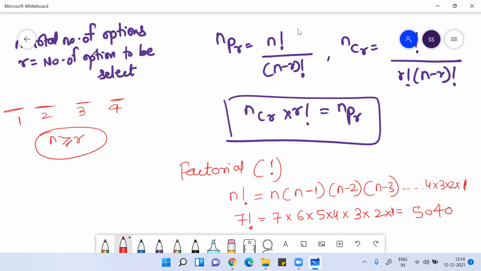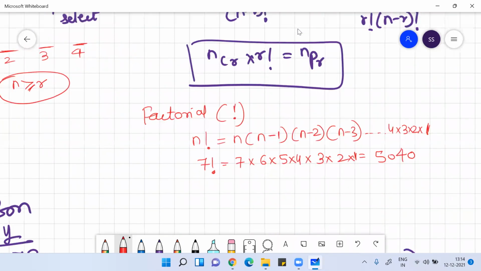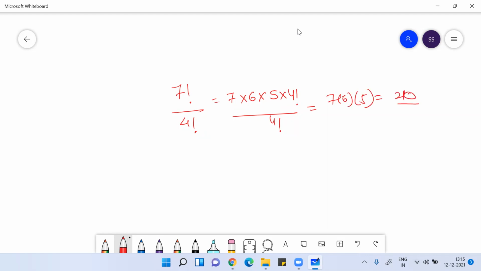Are you getting this, guys? Yes, sir. Now imagine I ask you what is 7 factorial by 4 factorial. You can write this as 7 into 6 into 5 into 4 factorial, divided by 4 factorial. So it becomes 7 into 6 into 5, which is equal to 210.